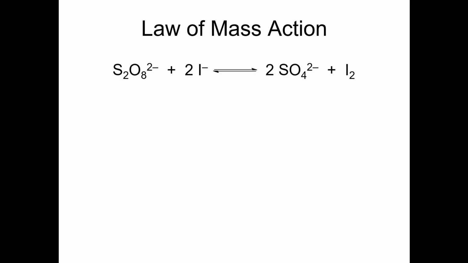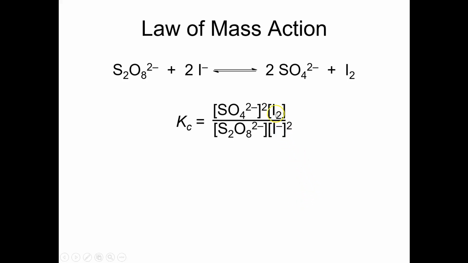Let's try another one. Here's the reaction that we did in the iodine clock reaction. So try writing an equilibrium constant expression, a Kc expression, for this reaction. Well, that Kc expression is going to look like this. It's going to be the product of the product concentrations raised to the power of their coefficients in the balanced equation.